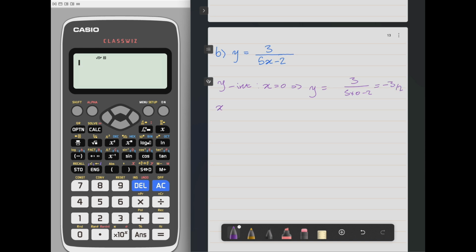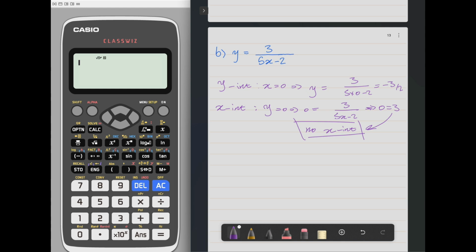Right? And as for my x-intercept, my y is going to be equal to 0, so 0 is going to be equal to 3 over 5x minus 2. If I multiply both sides by 5x minus 2, then I'll have 0 equal to 3, which is not true. So, no x-intercept.